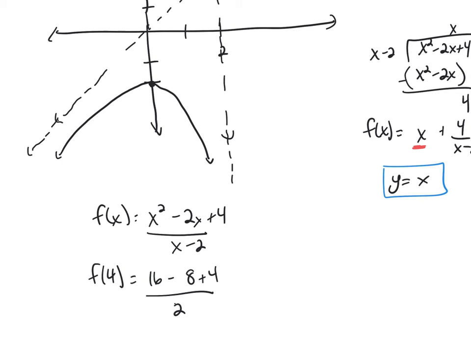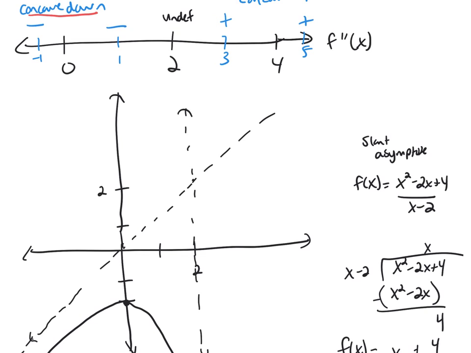So 12 over 2 is 6. So I get the point 4 comma 6.